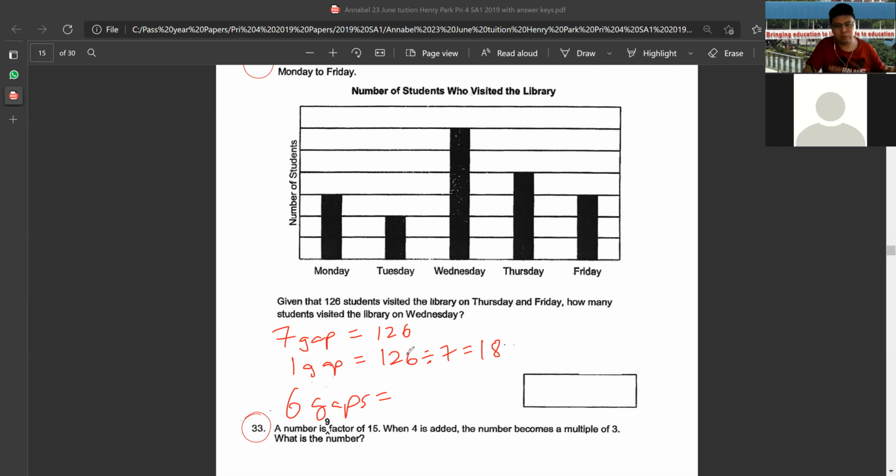One gap is 18, so 18 times 6. 108. Okay, you get it now. That's why it's 108.